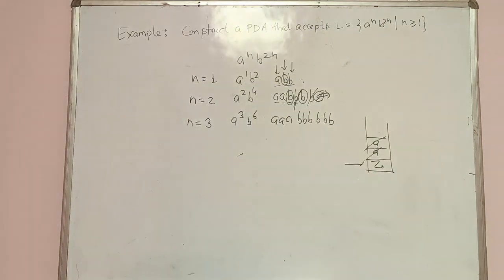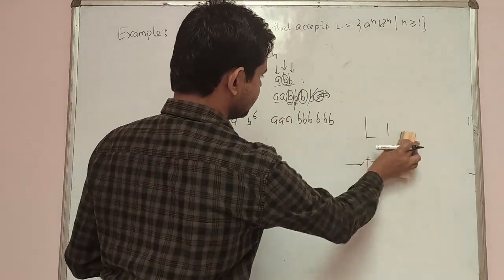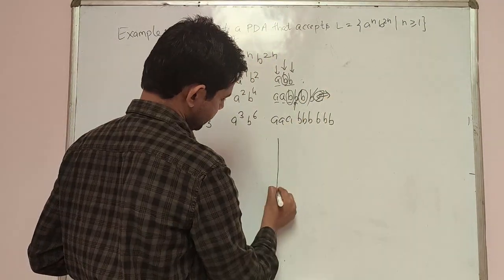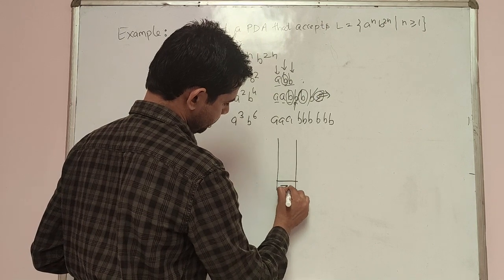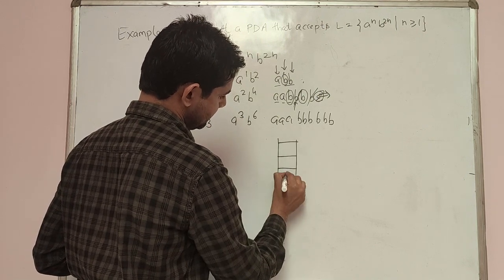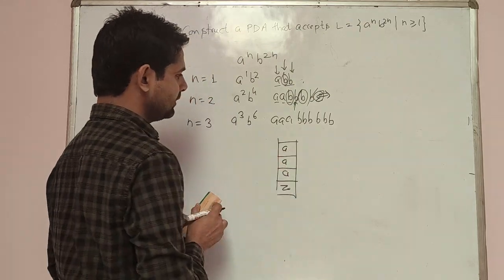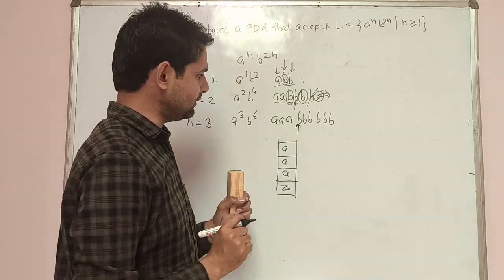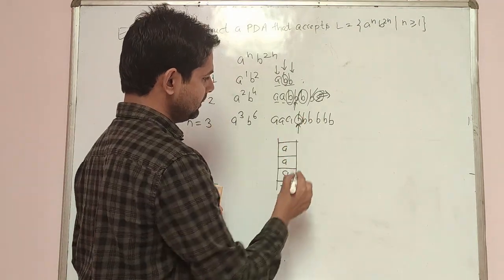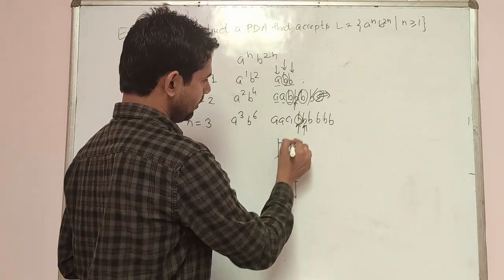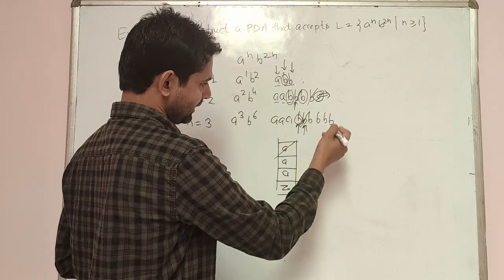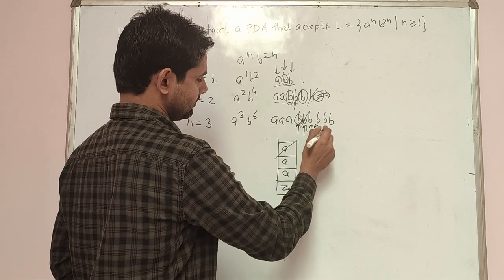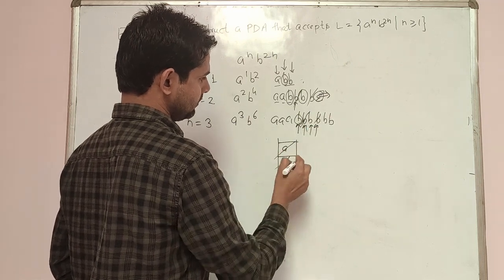Same case for the next one. See this scenario. We have 3 A's. So what will we do? We will add all 3 A's into the stack. After that we are getting the first B. We will not do anything with the first B, just we will read that B. For the second B, we will pop this A. Then again we are getting the first B. We will not do anything with it, and with the next B we will pop this one.